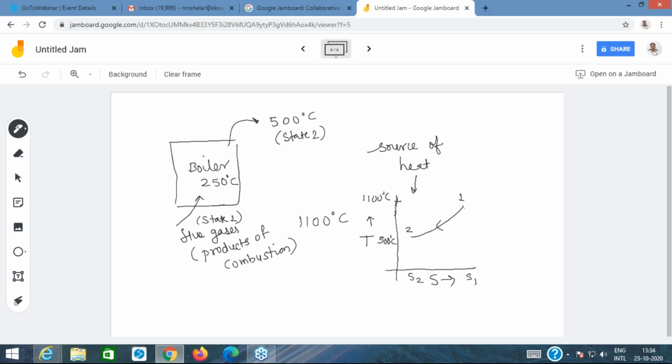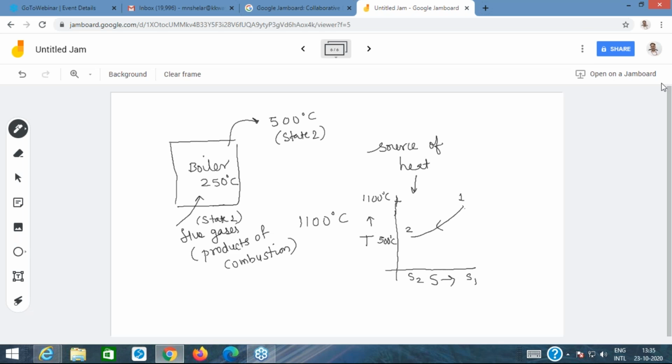Now, can I show the heat transfer which has happened on the temperature entropy diagram? Can I show the heat transfer which has happened as the flue gases supply the heat to the boiler? Yes or no, and how?